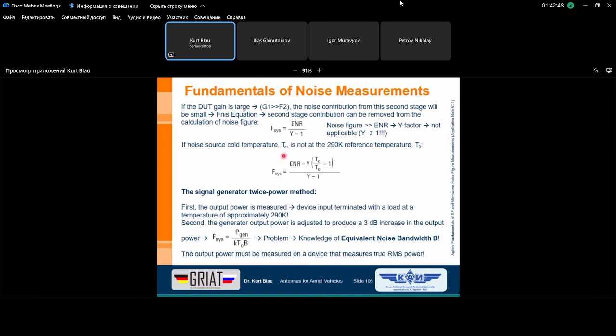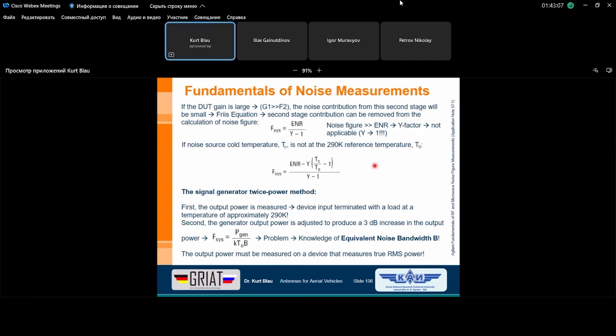This is the overall noise figure. We cannot determine the single stages. We only apply our avalanche diode as a noise source at the input of this complete amplifier. And we only determine the so-called Y factor.